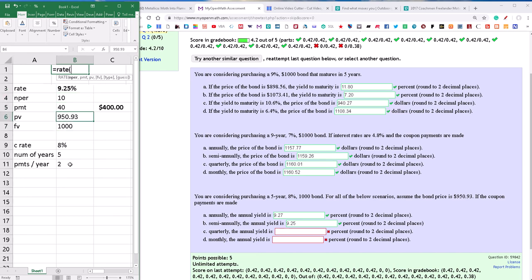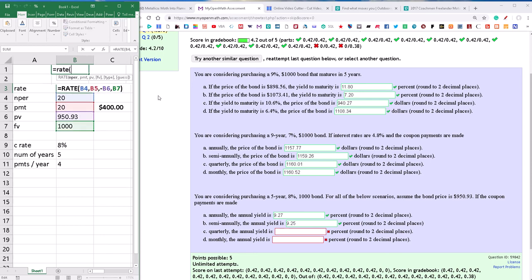Okay, so notice our $80 payment is down to 40, and our number of periods is up to 10 because we get 2 payments per year, and there's 5 years. Okay. And we're holding the price constant, $950.93. Okay, what happens when there's 4 payments per year? I'll delete the multiply by 4. So each quarter we get 2.31%.